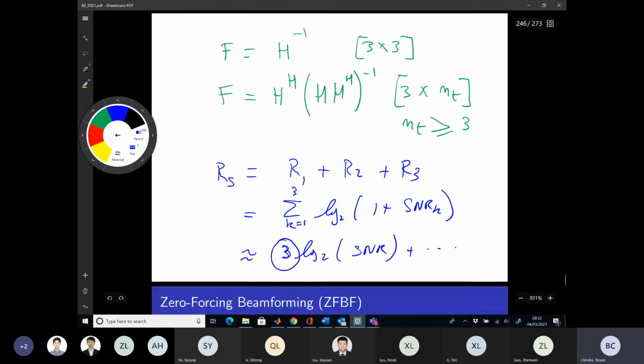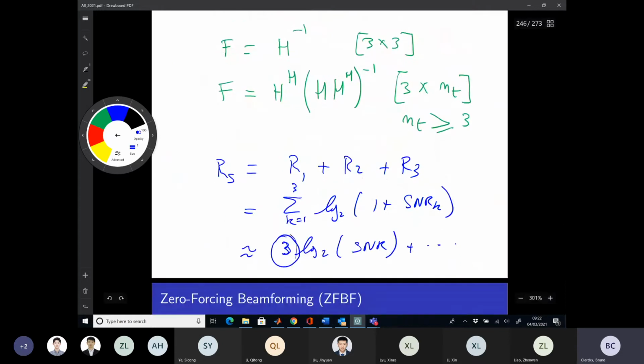So this is where you now have a multiplexing gain, and we call it the sum multiplexing gain. The number of interference-free streams that you transmit in this system is now equal to 3. And 3 turns out to be the minimum between the number of users and the number of antennas, and this is what happens in general.